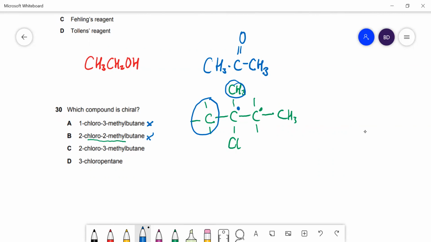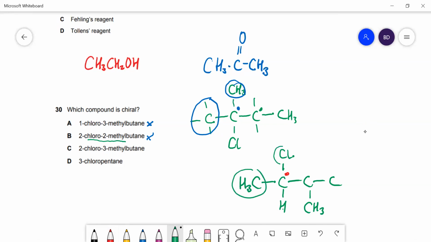2-chloro, 3-methyl. Let's try that. Now that is chiral, because if you look at this carbon here, what have we got? We've got a CH3 attached, a chlorine attached, an H attached, and then we've got this propyl group here.